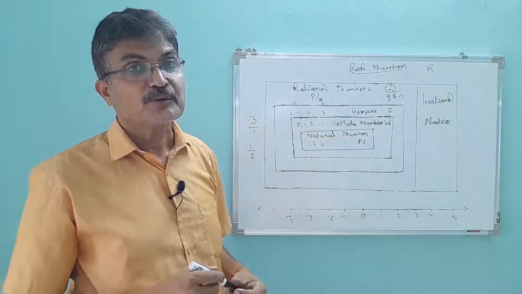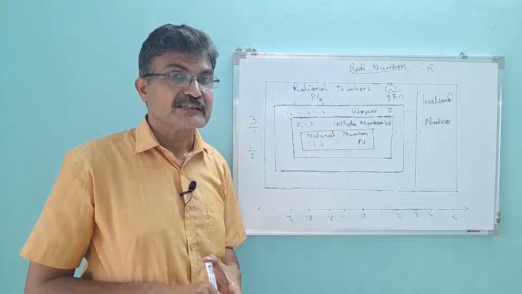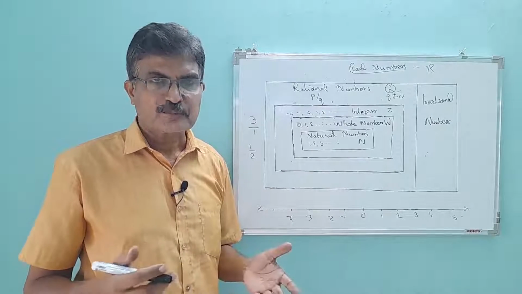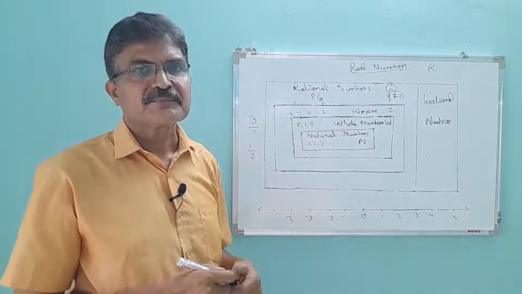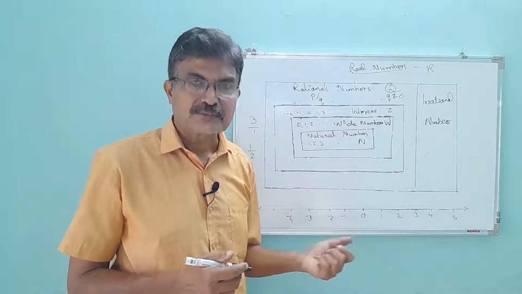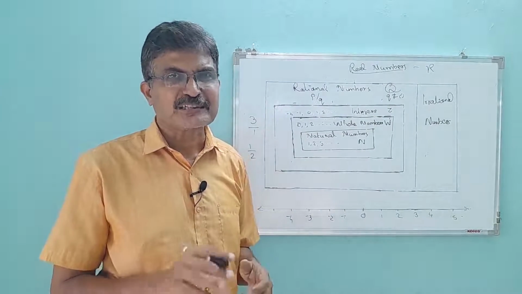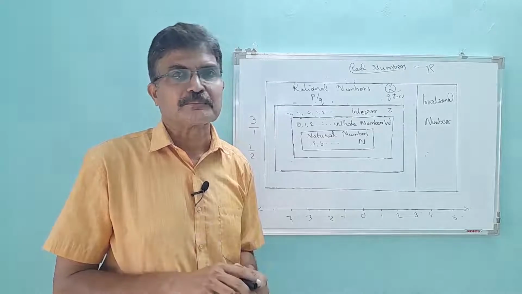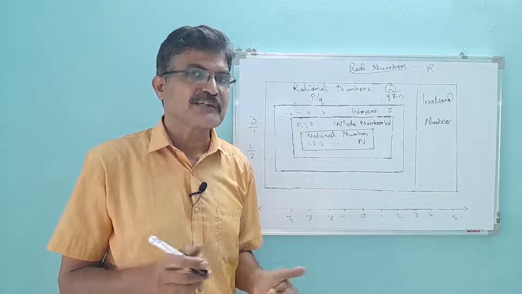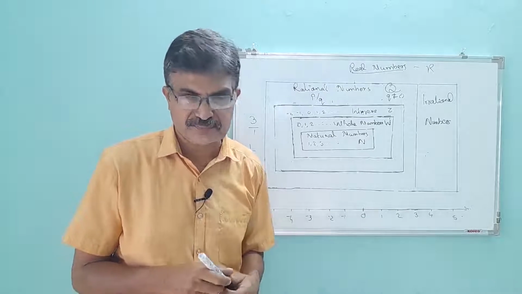The discovery of irrational numbers is quite an interesting story. The mention of irrational numbers dates back to Indian history. In the Sulba Sutras there was a mention of this, but not in the form of irrational numbers. The first proof of irrational numbers was given by Hippasus, a Pythagorean, in the 5th century BC.